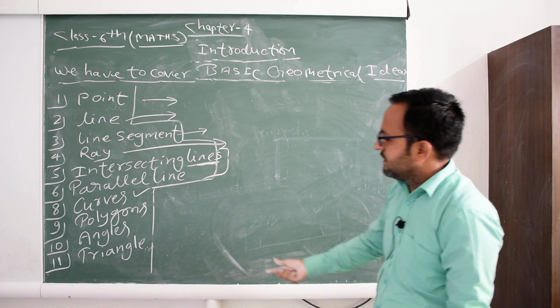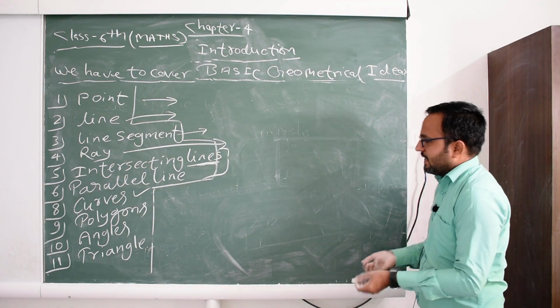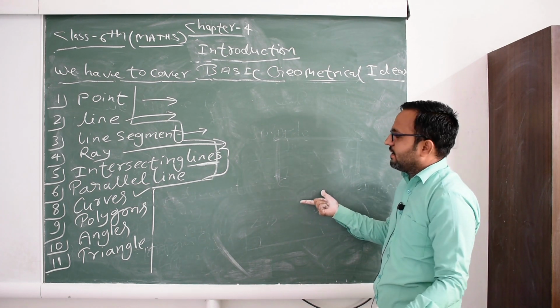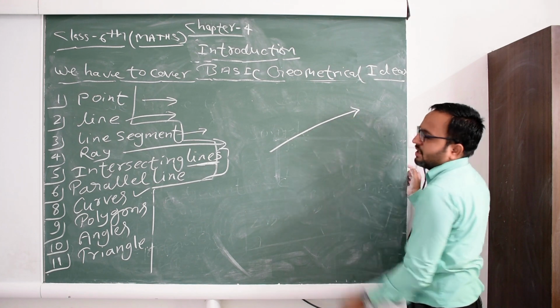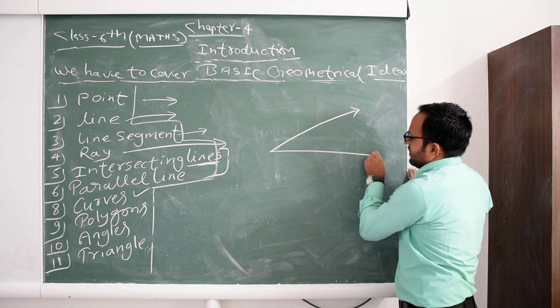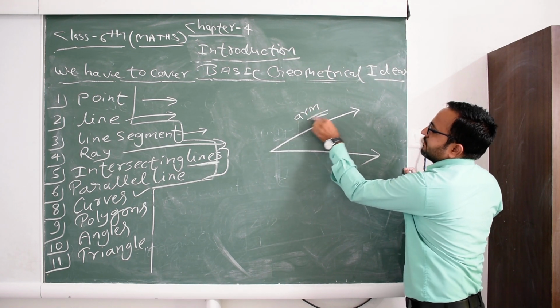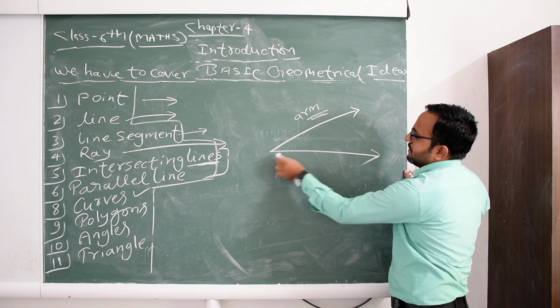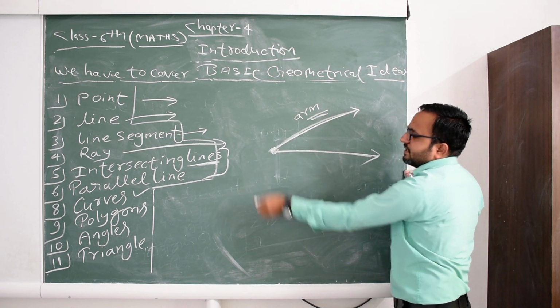Now we discuss angles. An angle is formed when any two rays, also called arms, meet at one point.